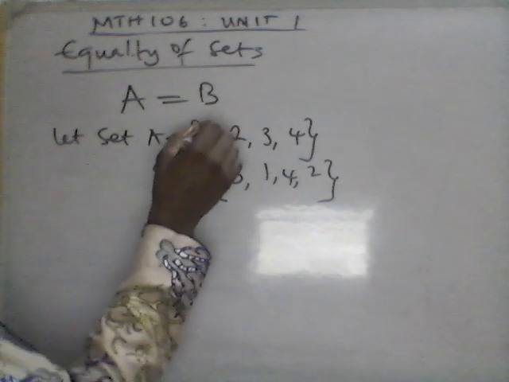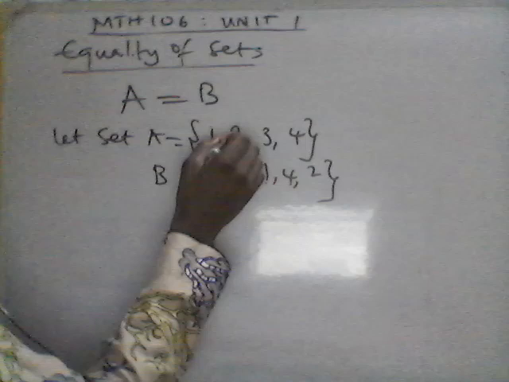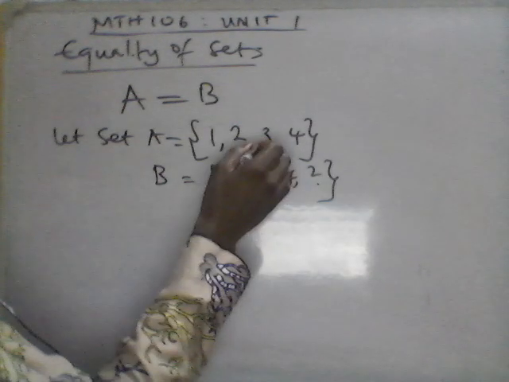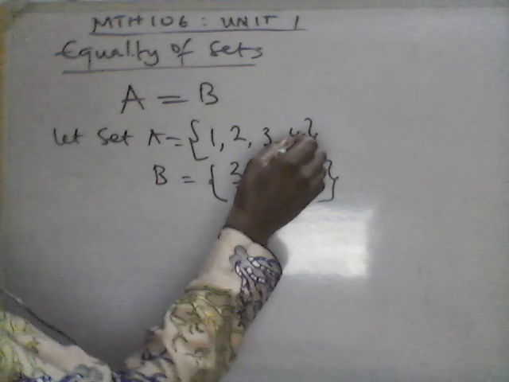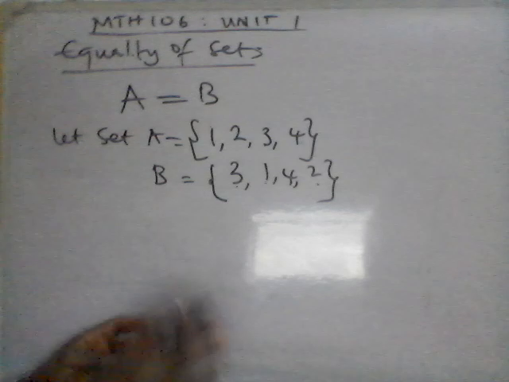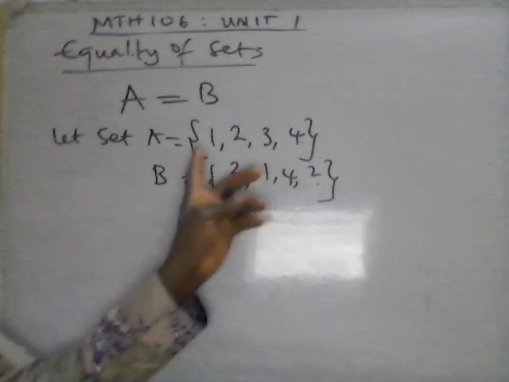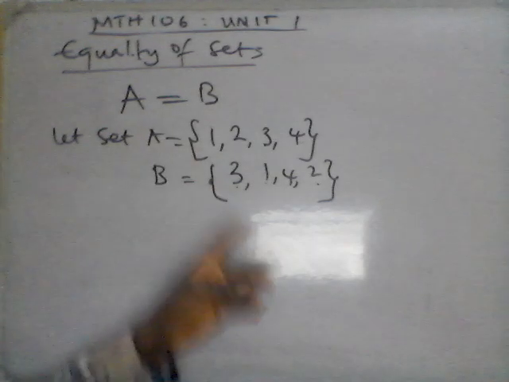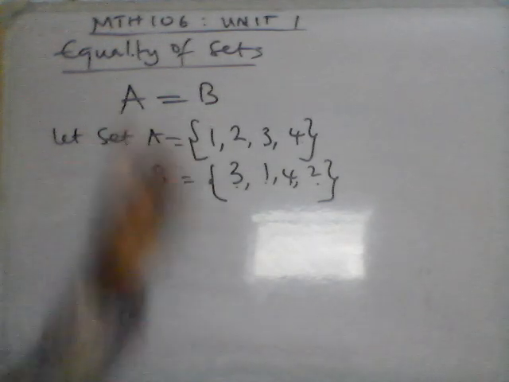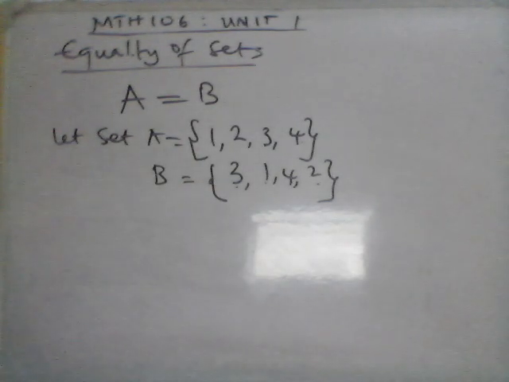I have 1 here, I have 1 here. I have 2 here, I have 2 here. I have 3 here, I have 3 here. And I have 4 here, I have 4 here. So irrespective of how it's arranged in the set, if they have the same elements, then they are equal.